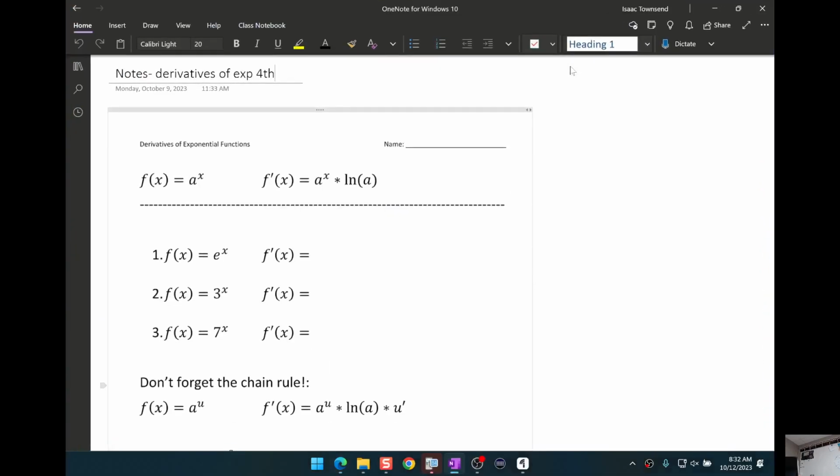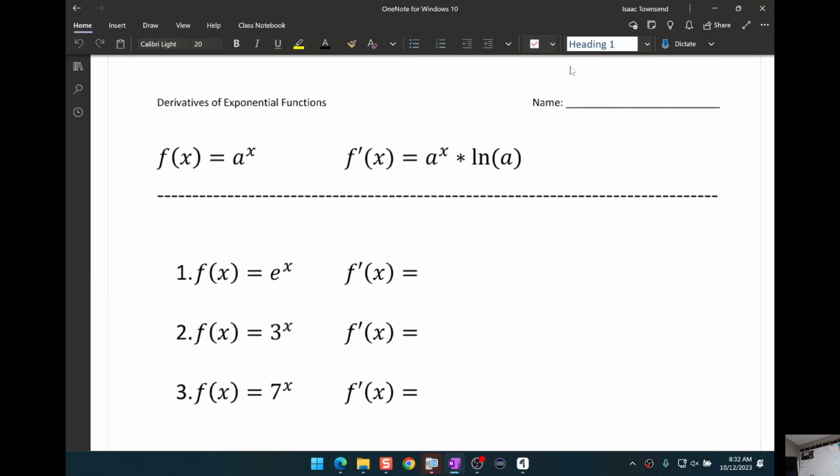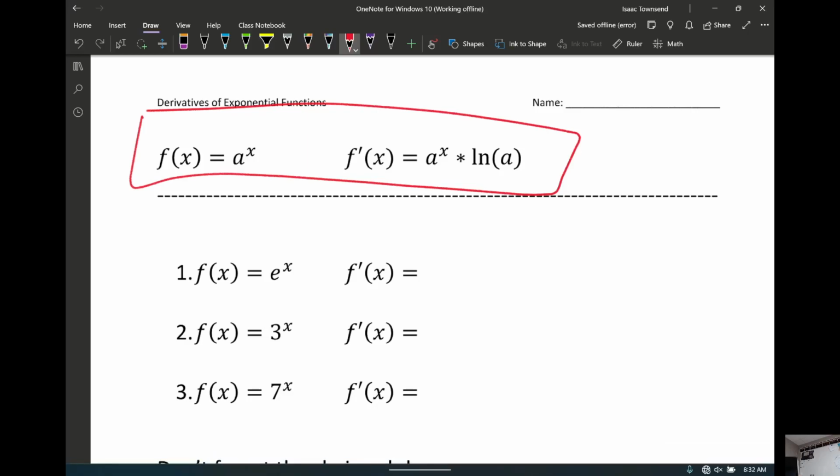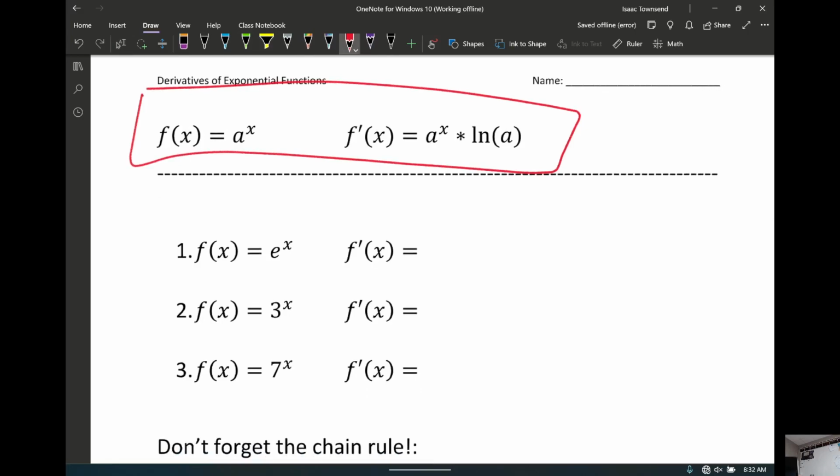Okay, so the derivative of exponential functions. This is what your textbook would say at the top. I like to connect it to the derivative of e to the x because it's almost the same thing you've been doing. There's just one part that I haven't really told you yet. But when I tell you that part, you can apply it to other exponential functions. An exponential function is where you have a number to a variable, and the variable is in the exponent.